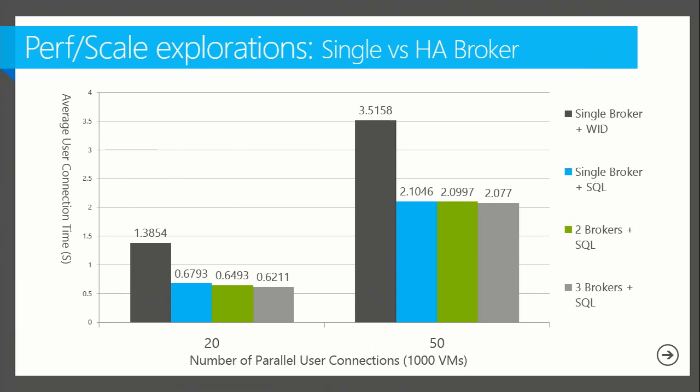The right-hand graph shows about 50 users coming per second for a collection of 1,000 VMs. Compared to a single broker that takes 3.5 seconds to route the user to the right target, we route in about 2 seconds. Beyond that, it doesn't make much difference if you add brokers, because brokers don't do much. It's the SQL Server that does the work.